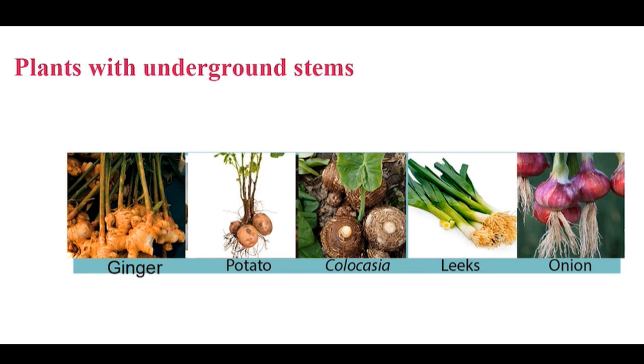That part is known as the root system, right? And the part that we can see above the ground, the stem, branches, and leaves, that part is known as the shoot system, right? Shoot system.